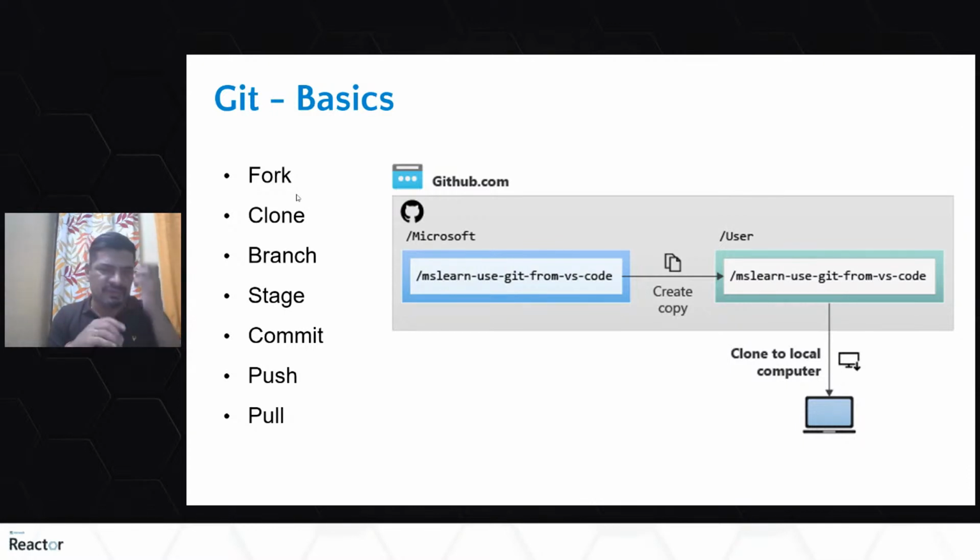So that's where fork comes into the picture. If you want to collaborate on a public repository, you will fork the code. So if you see, this is a repository on GitHub owned by Microsoft, and this is one project there. We'll be working in a lab very soon where we'll be doing the same thing.